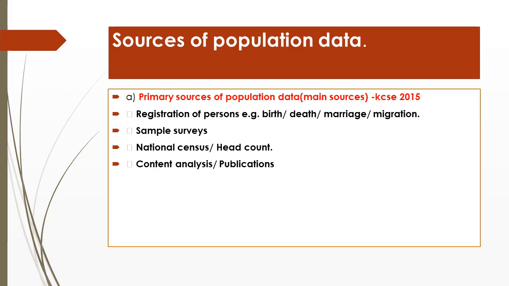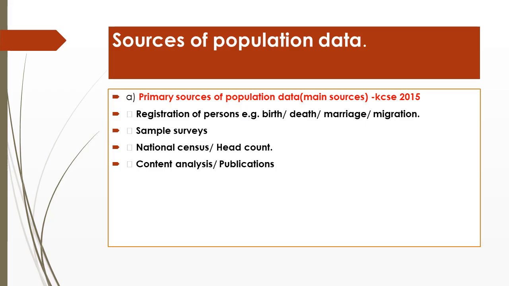When a child is born, she's registered, she's given a birth certificate. That is an evidence that she has been registered. When a person gets married, she's given a marriage certificate. That is an indication that that marriage has been registered. There is also death certificate and all that. So that one is usually found on the registrar of persons.